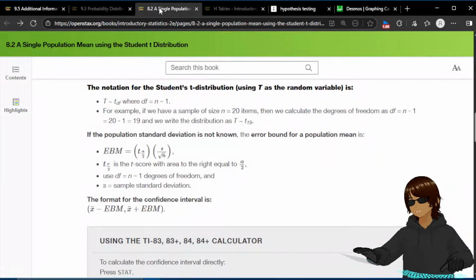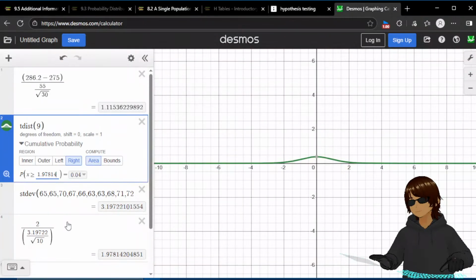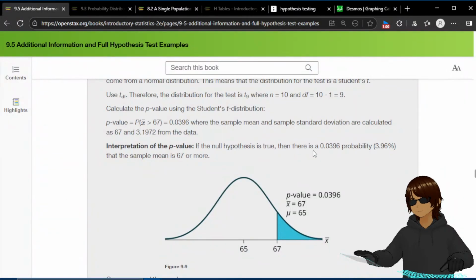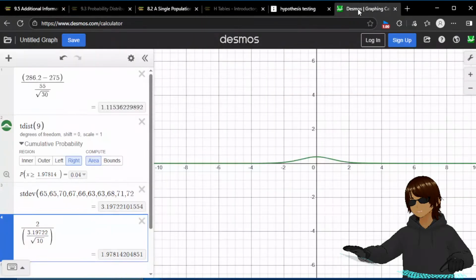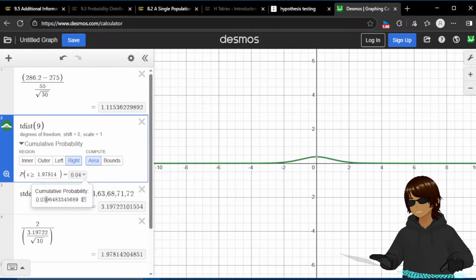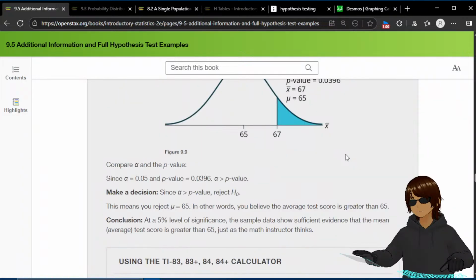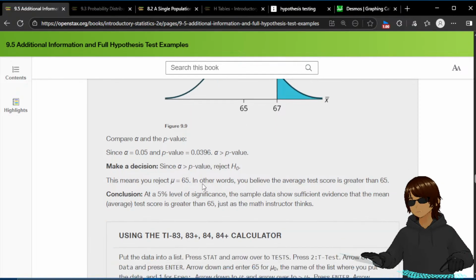Did I get something wrong? Standard deviation over root 10. I think 3.96 is correct. Yeah, 3.964. So we do reject it, right?